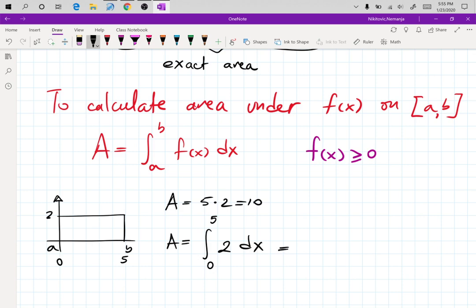The integral of 2 dx is 2x, computed from 0 to 5. We get 10 minus 0 equals 10, and we have the same answer, right? So we are able to calculate the area of the rectangle using the formula you learned in second grade, or using the formula for integration that you learned in, 13th grade or whatever it is.